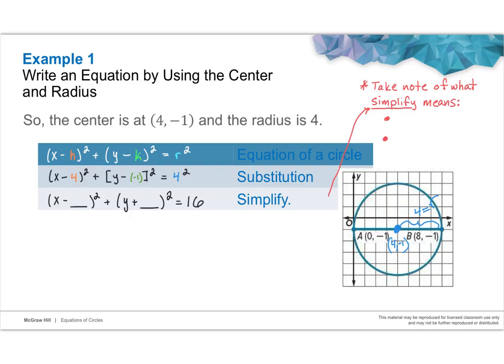And so now all we have to do is substitute into our standard form for the equation of the circle, the center, h k, which is 4, -1, and the radius, 4. Please note of what your simplified form needs to have. We need to make sure that there are no double negatives.